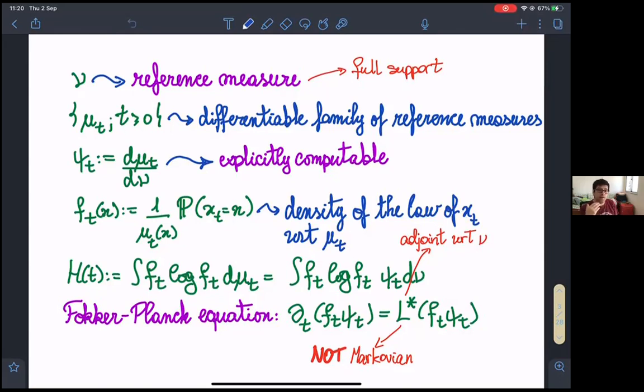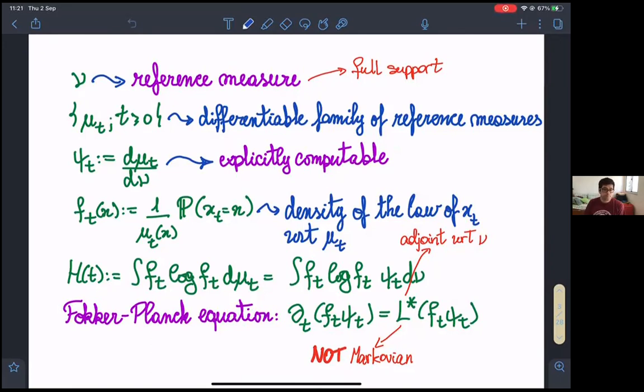The idea is that this psi_t is going to be explicitly computable, because we are going to choose the measures nu and mu_t in such a way that we can compute it. That's of course not necessary in the computations I'm going to present, but when you enter into applications of this relative entropy method, that's the whole point: psi_t is actually something computable.